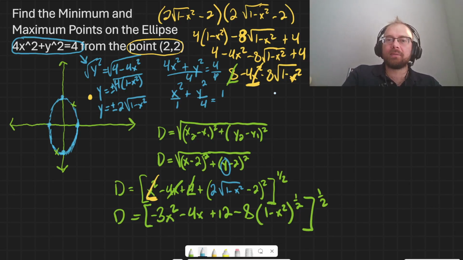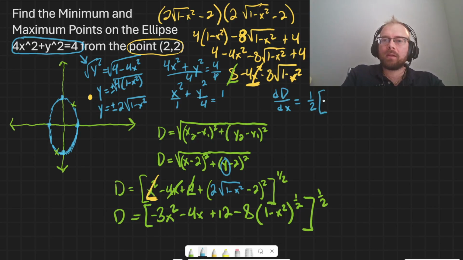Yikes, okay. We still haven't taken the actual derivative yet, but let's go ahead and do that. So the derivative of the distance with respect to x will be, power rule comes first, 1/2, and then all the inside stuff would stay the same. So it's going to be negative 3x squared minus 4x plus 12 minus 8 times 1 minus x squared to the 1/2.